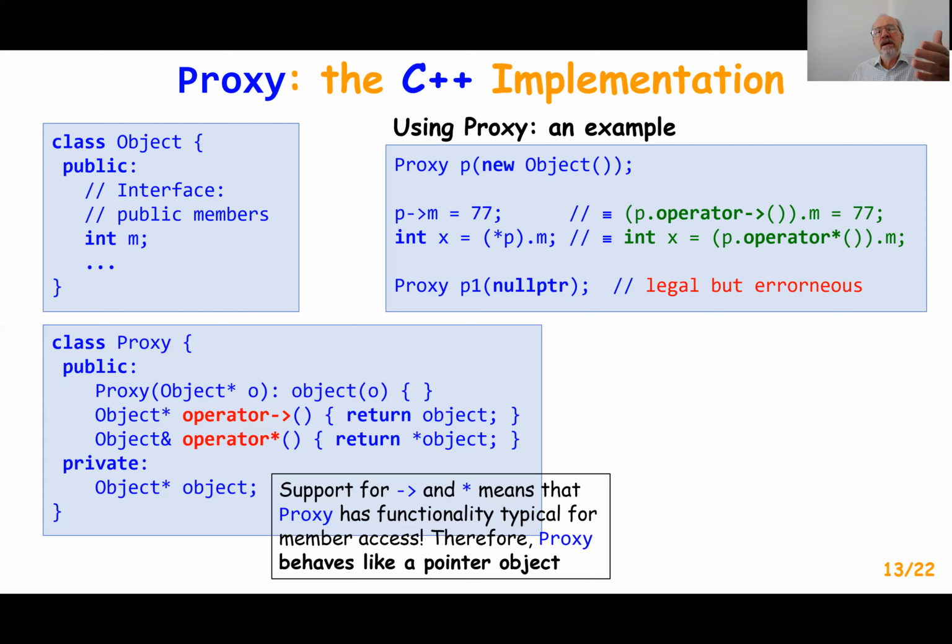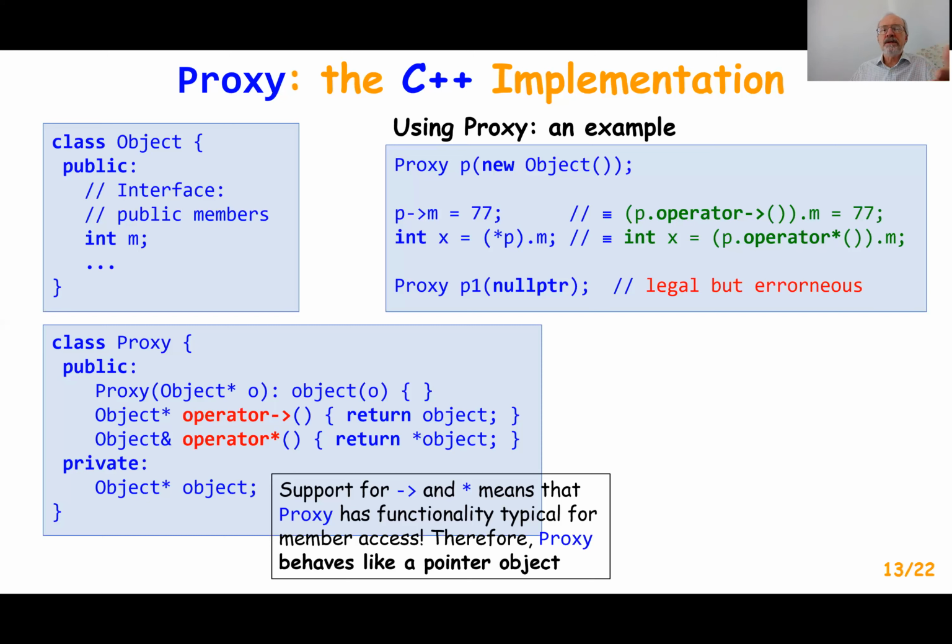If we write P arrow M, this automatically means that we call operator arrow for M. Look at the comment in green. This is by definition the same.